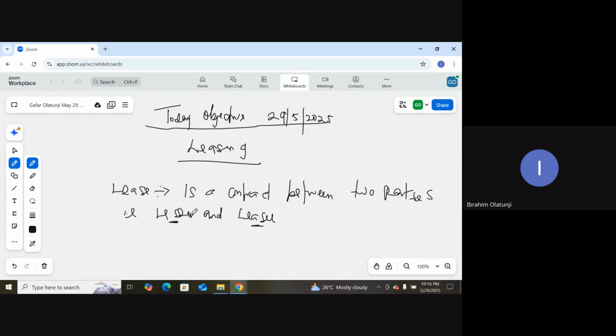Take note of those two words. Lease is a contract between two parties, that is, lessor and lessee.